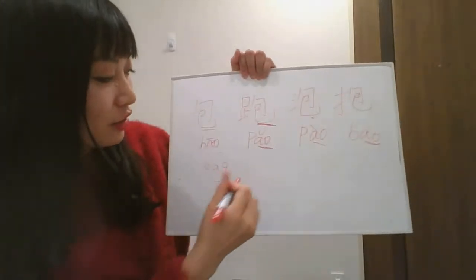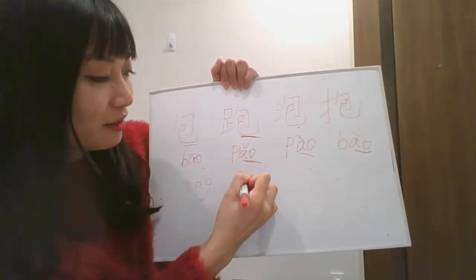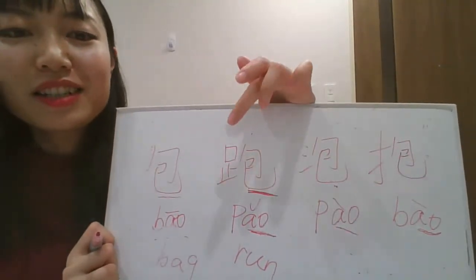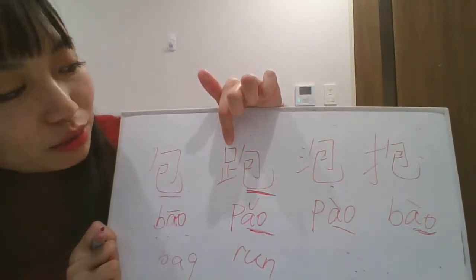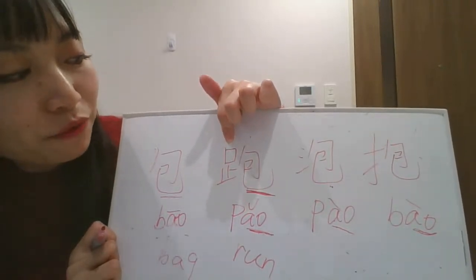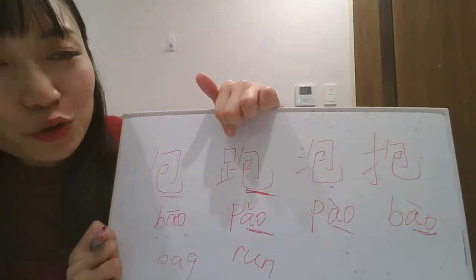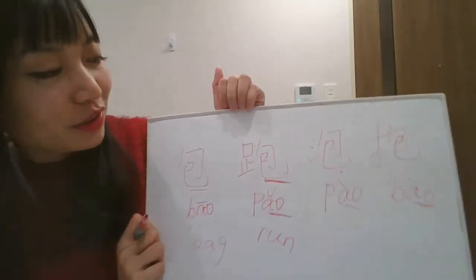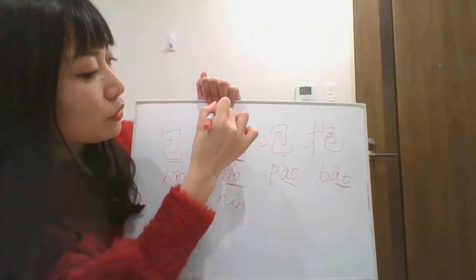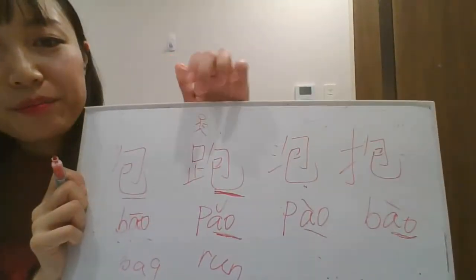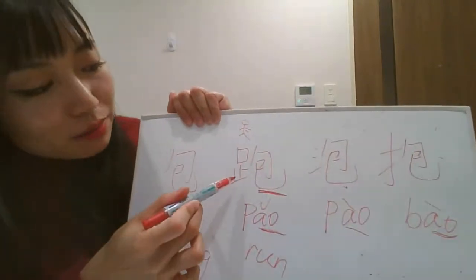Okay, very good. 跑 means run. You can imagine that. What does this part mean? This part means the feet, your feet. So it's like a person is running, right? It's like the person is running. Actually, this part means feet.